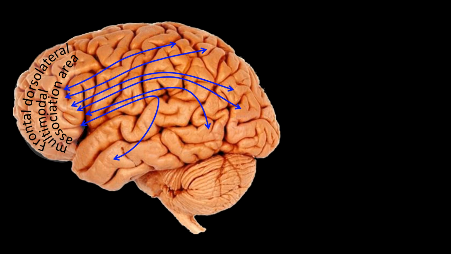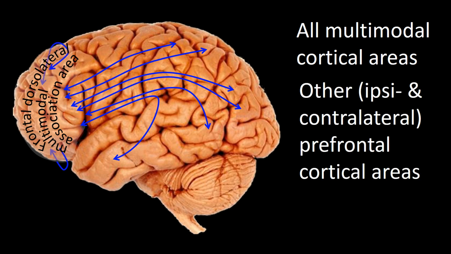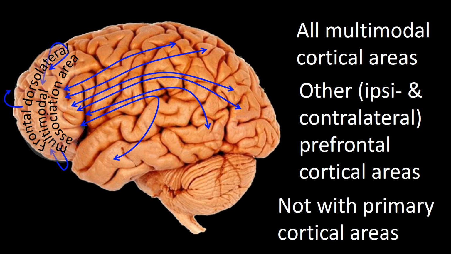It is connected with all multimodal association cortices, with other prefrontal cortices in the ipsilateral and contralateral hemispheres, but it has no direct connection with primary cortices of any kind, even with the primary motor cortex.